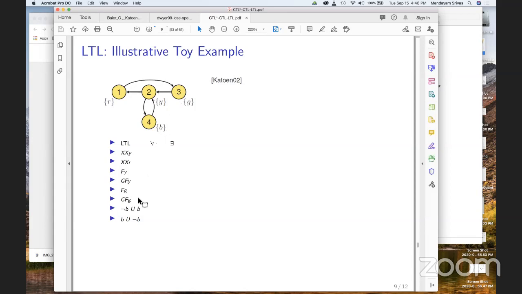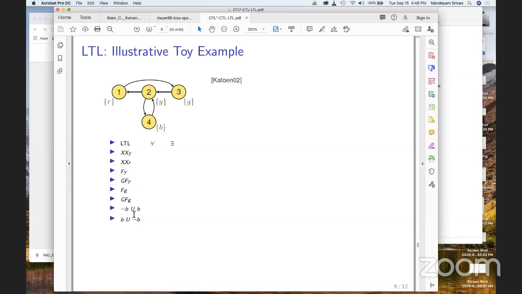So there is no state from which every path satisfies this G F of G. But there are some states for which there exists some path for which G happens infinitely often, like it is here. So that is the idea.